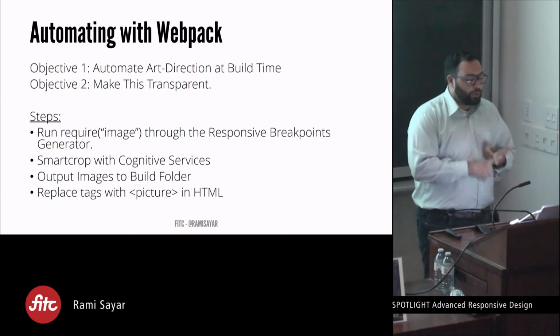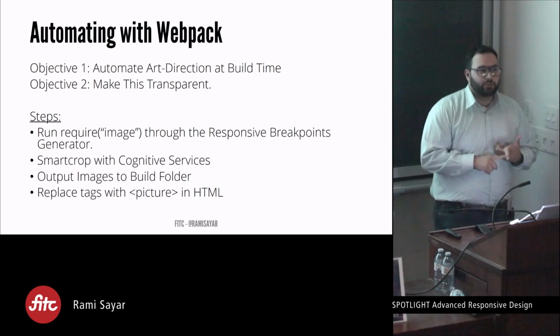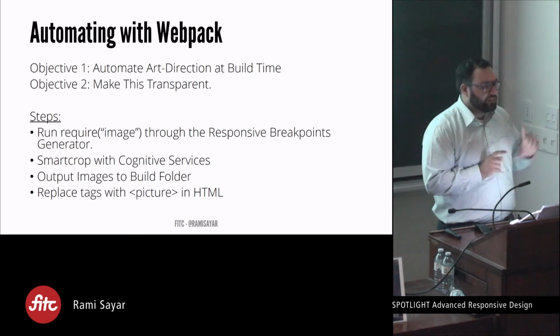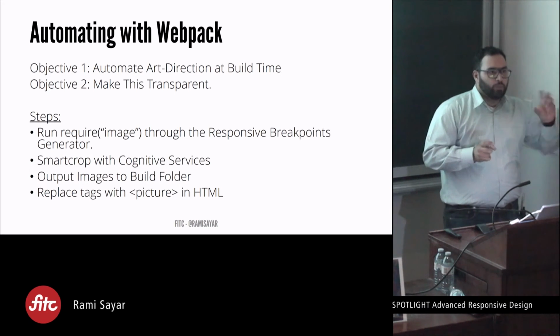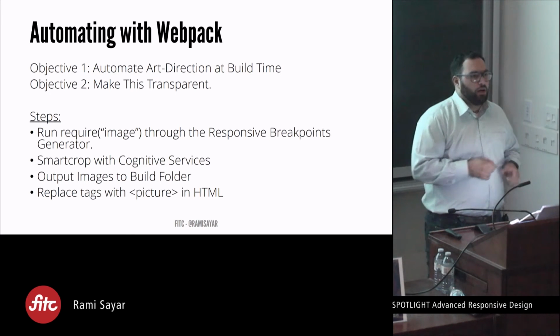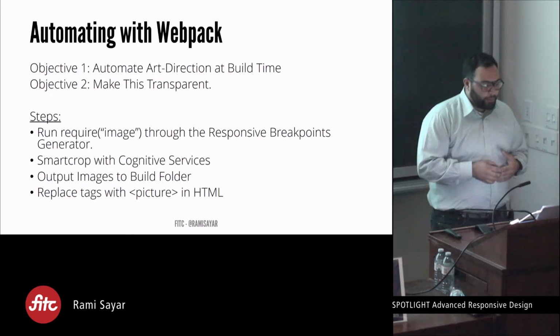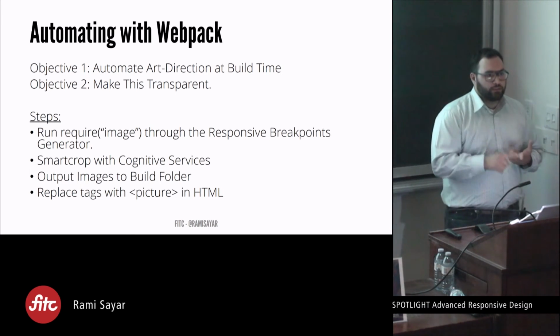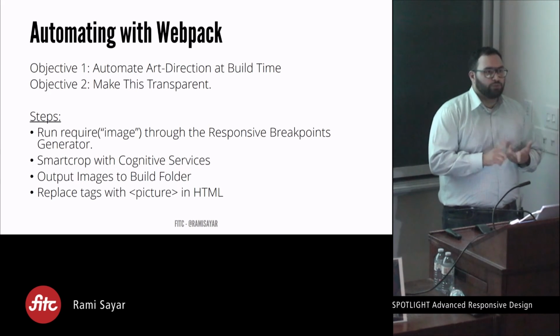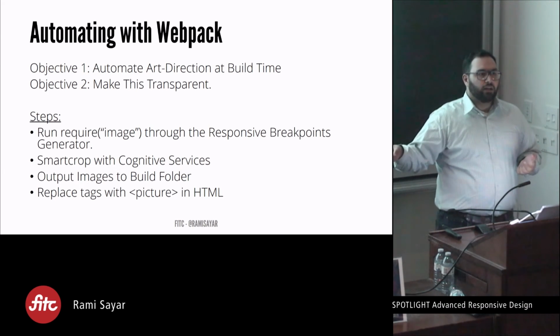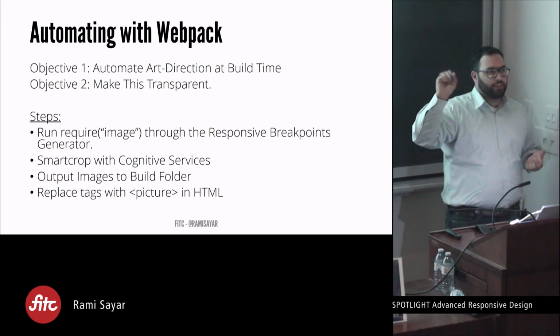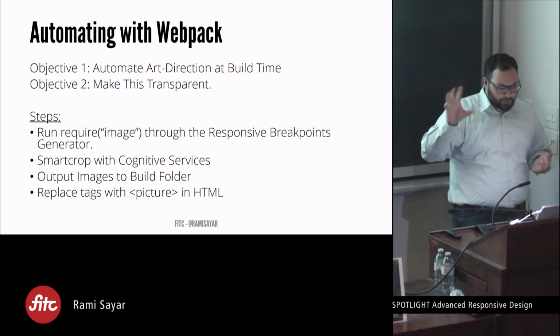To do this with Webpack is probably the easiest way. What you would do is every time you require the image, you pass it your plugin to Webpack, and what you could do is immediately send that to the responsive breakpoints generator to get your image dimensions.